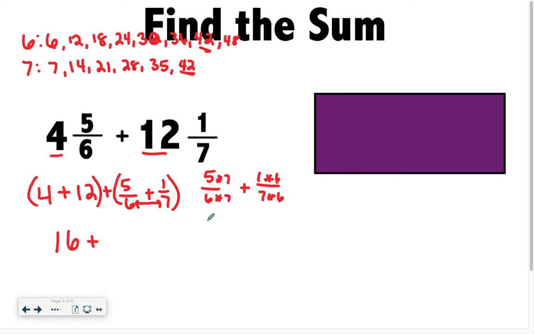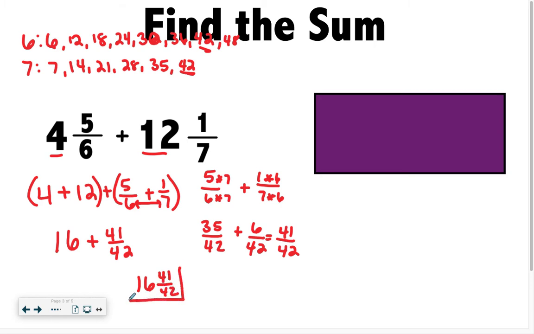So 5 times 7 is 35, and 1 times 6 is 6. If I add those two together, I get 41 over 42. That can't be simplified at all. So then my final answer would just be 16 and 41 over 42. And that's my final answer.